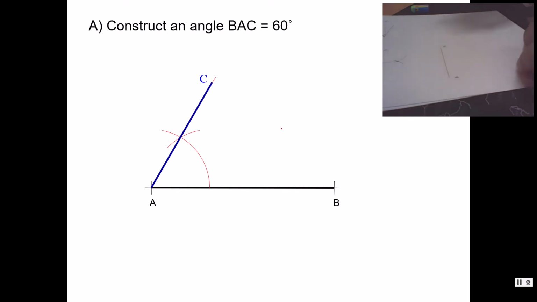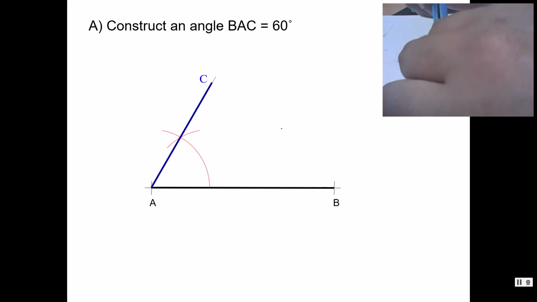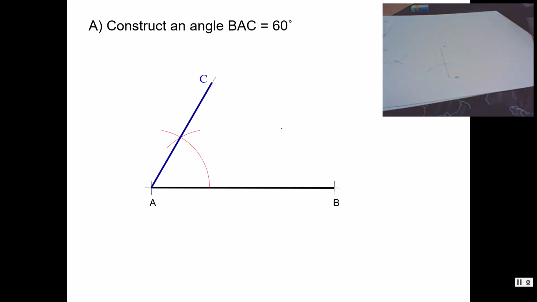So the first thing is to draw one circle. No matter what the distance of the compass is, you draw one circle, and then from this point you draw another circle.